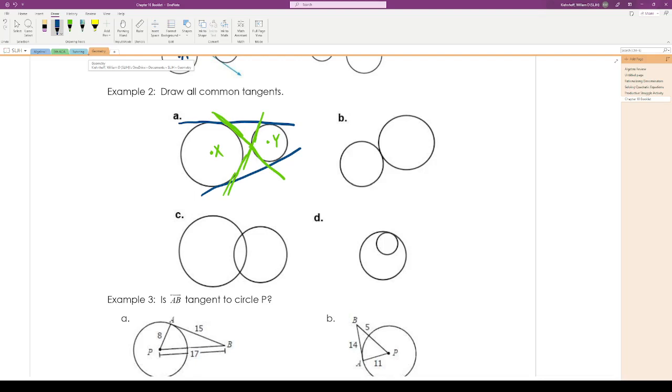If my two circles are tangent to each other, I lose the ability to draw these green lines that go between the circles. So here I would have a tangent line that way and a tangent line that way. I can't have a line that goes above one and below the other, but I could technically have a line that splits perfectly between these two and only intersects them at that one point.